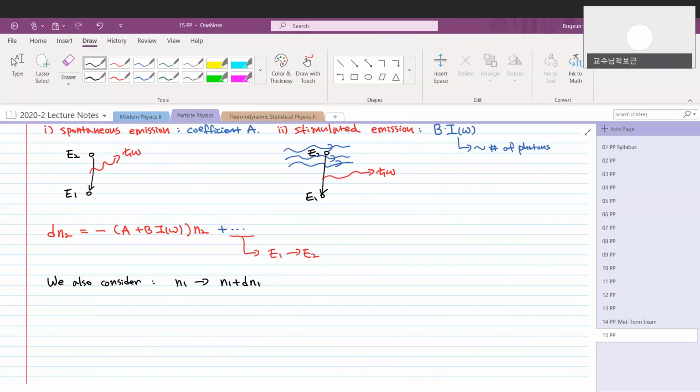It just absorbs photons, so it is related only to stimulated processes. So these atoms absorb the photons around them, then go up to E2.